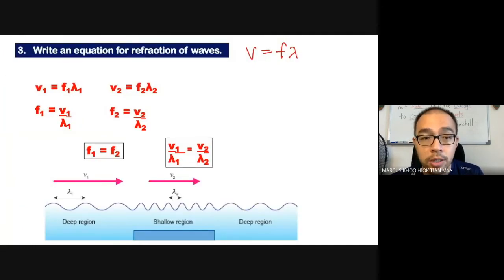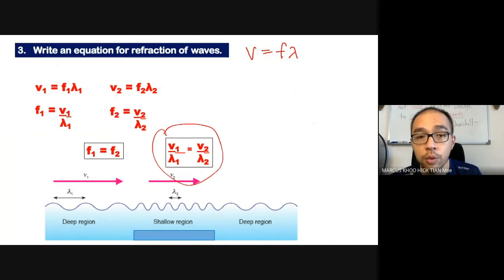Because of that, we can derive this formula: v1 over lambda 1 in the deep region is equal to v2 over lambda 2 in the shallow region. Some books write this as v deep over lambda deep equals v shallow over lambda shallow.